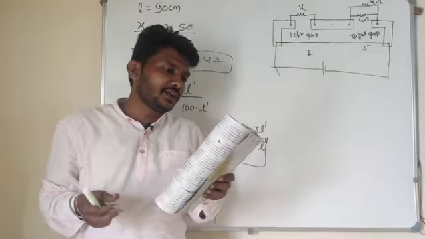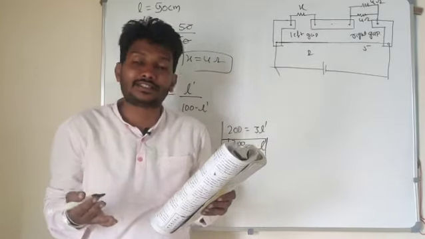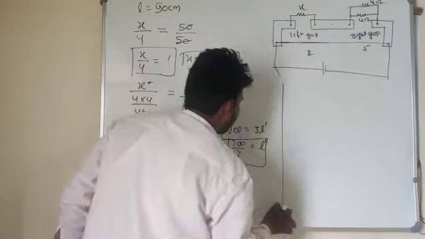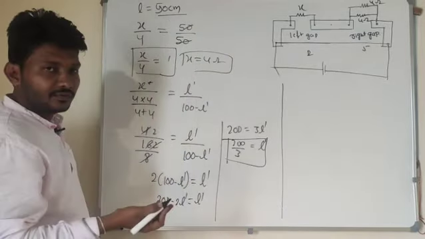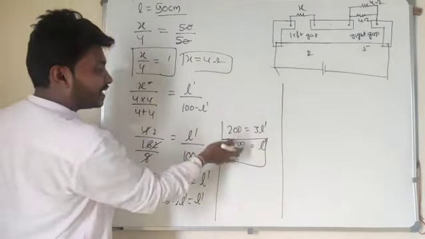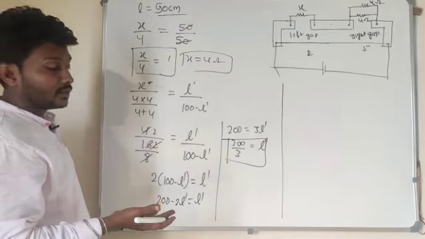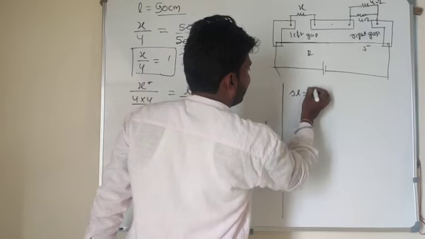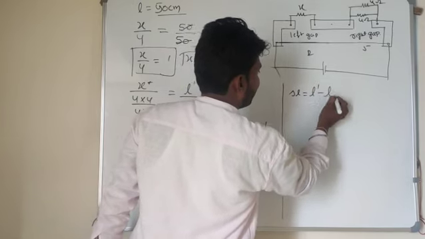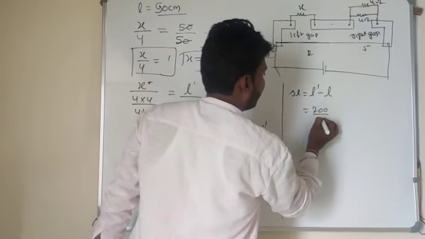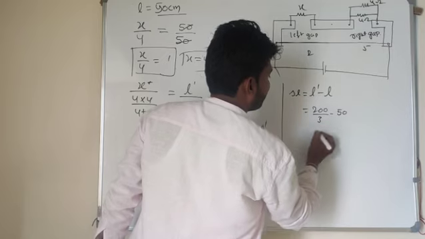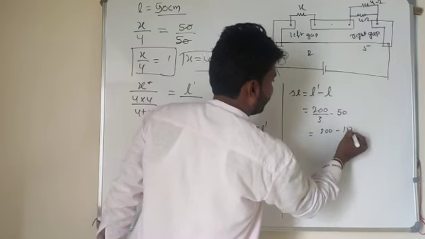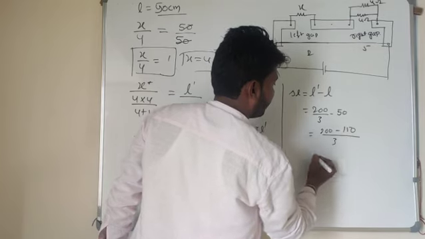So in that question, how much shift exists here? In order to get that, already in the first case, what is the length here? 50 here. Okay. In the second case, it is 200 by 3. Then the shift, delta L, is equal to L dash minus L. 200 by 3 minus 50, right? 200 minus 150 divided by 3 here.